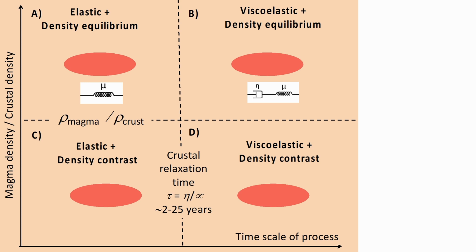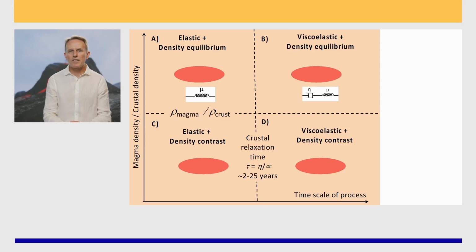We know that on a long time scale, the solid Earth can behave in a ductile manner, like a fluid of high viscosity. For example, this is witnessed by glacial isostatic adjustment due to ice load changes on the surface of the Earth. In this context, the important question becomes, what is the crustal relaxation time? In simple terms, it relates to the ratio of crustal viscosity and the elastic crustal strength.